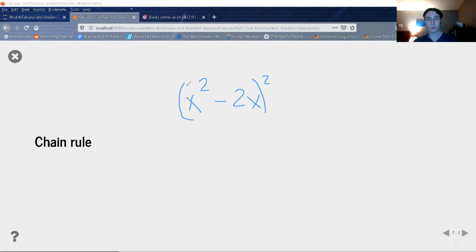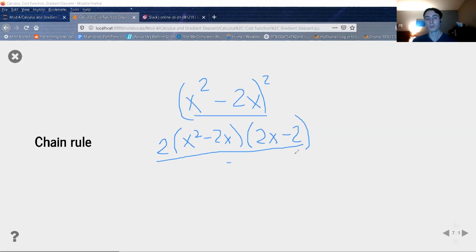If we were just to put a box over the inside and ignore it, the derivative would just be 2 times what's inside the box, so x squared minus 2x. But we didn't address the inside part, so we also have to multiply this by the derivative of the inside. The derivative of the inside would be 2x minus 2. So this would be the final derivative. You could always multiply it out, but this is basically how you use the chain rule.